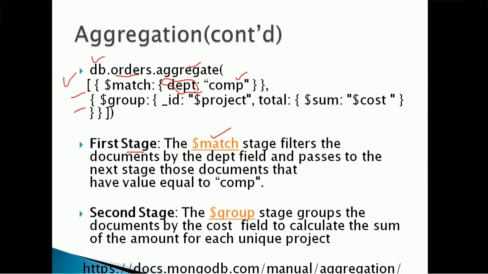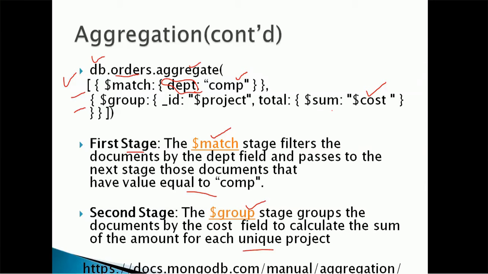This particular stage filters on the department field and passes those documents that have a value equal to comp to the next stage. In the second stage, the group stage, it groups the documents by the project field to calculate the sum of the cost for each unique project.